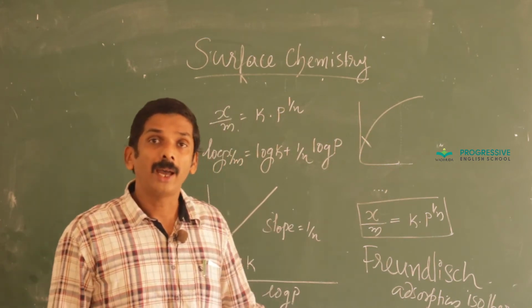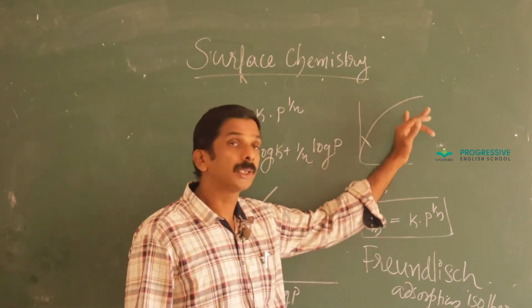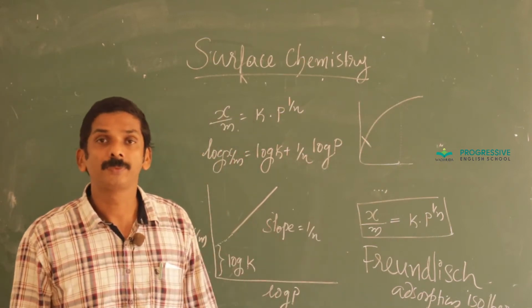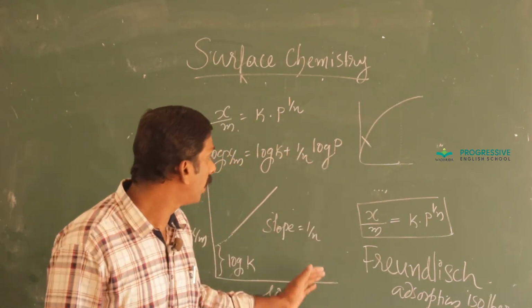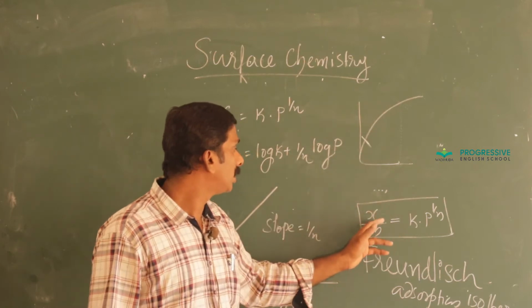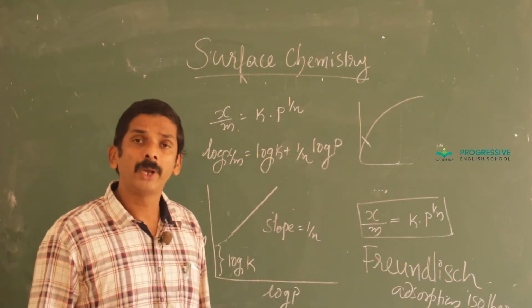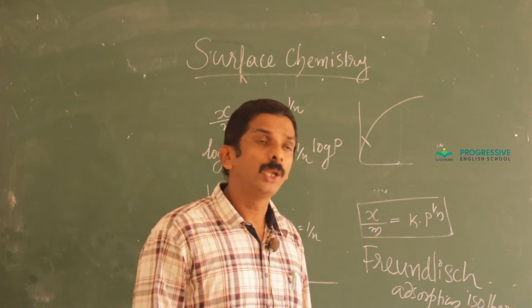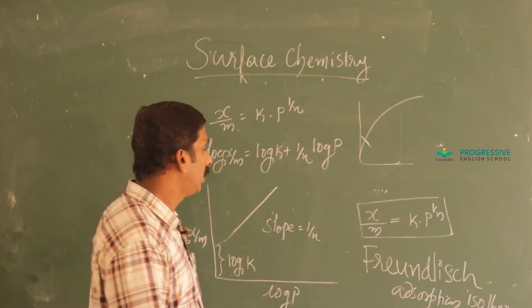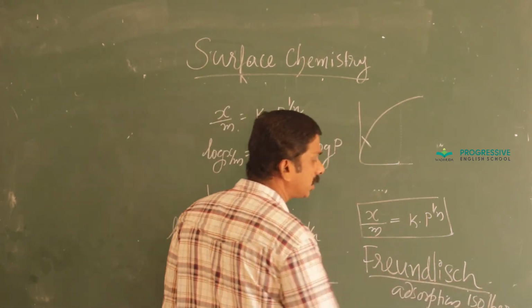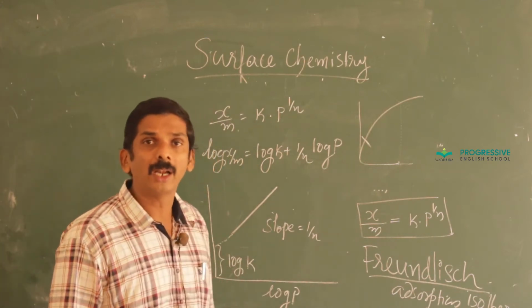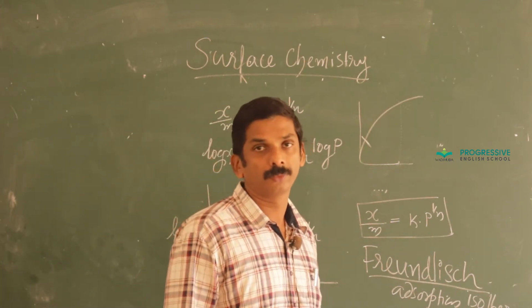At low pressure it directly depends on pressure, and at high pressure it is independent of pressure. In between high and low values, we have the relation x by m proportional to p raised to 1 by n, or x by m equal to k into p raised to 1 by n. That is the expression of Freundlich adsorption isotherm.